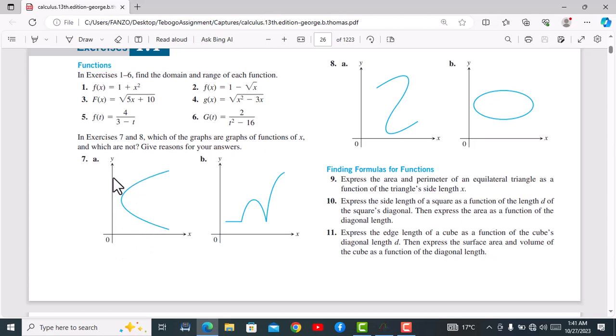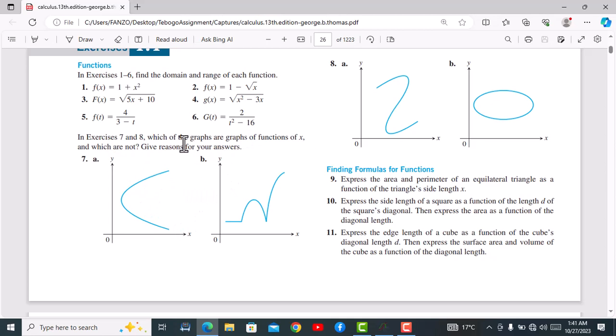So this is a function. Sorry, y is a function of x, but this is not a function because it touches more than once. For one value of x, you have more than one value of y, so this is not a function.